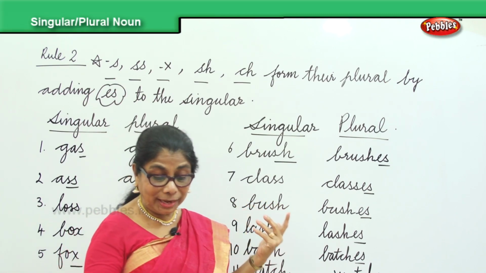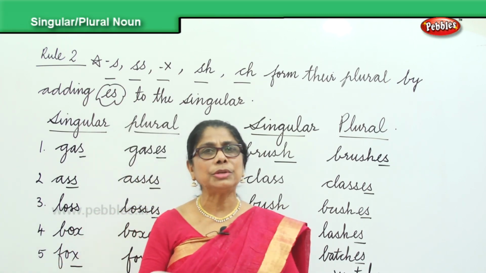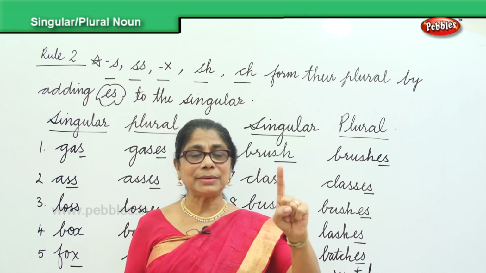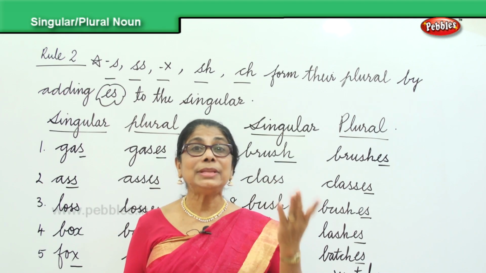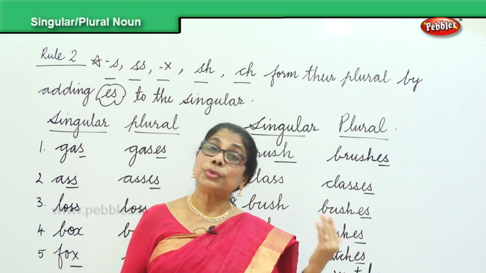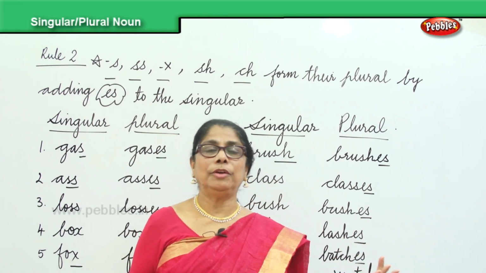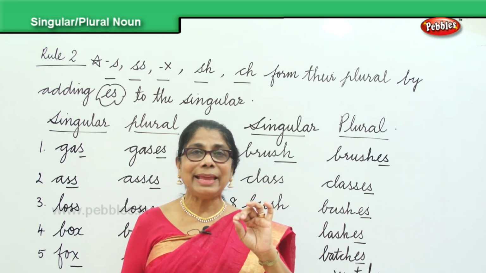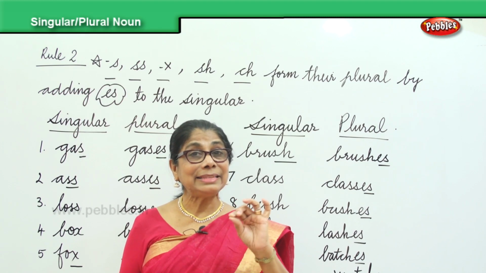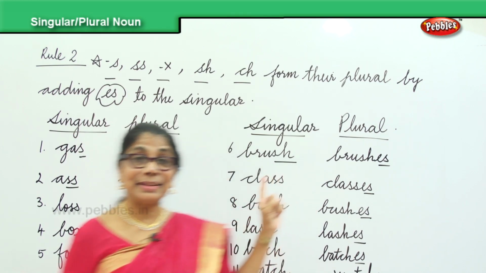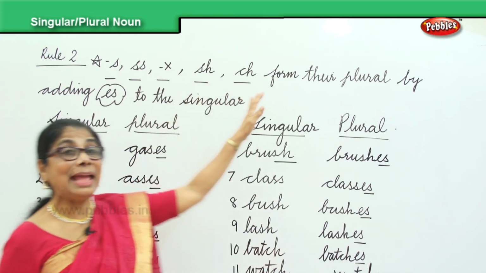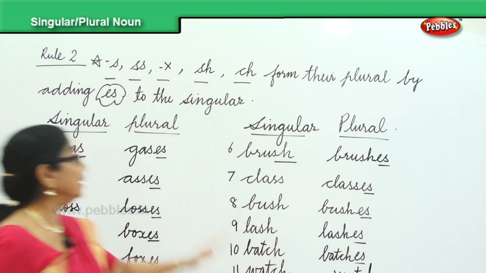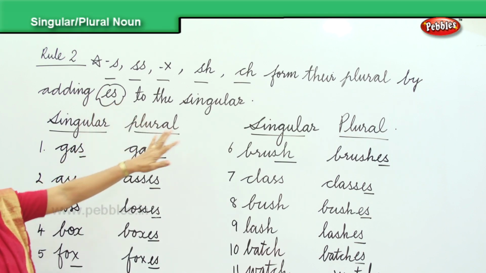Okay? So, we have learned 2 rules of forming the plural form. What was the first? Add s to the singular form so that you get a plural form. Rule number 2, the nouns ending in S, SS, X, SH and CH, they form the plural by adding ES to the singular.